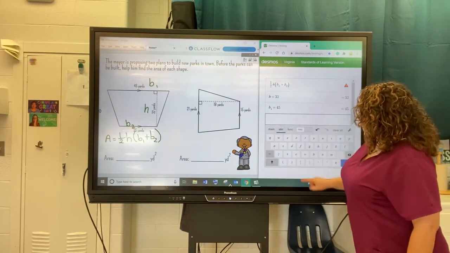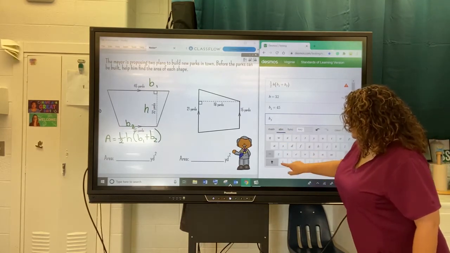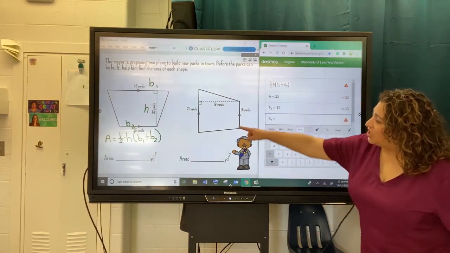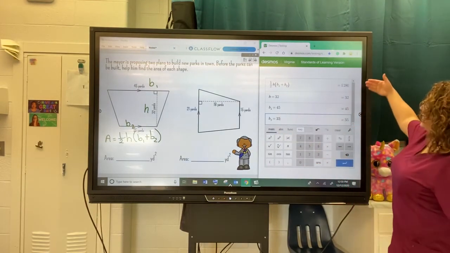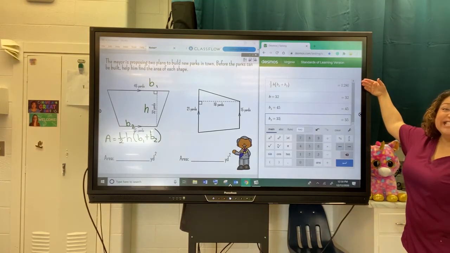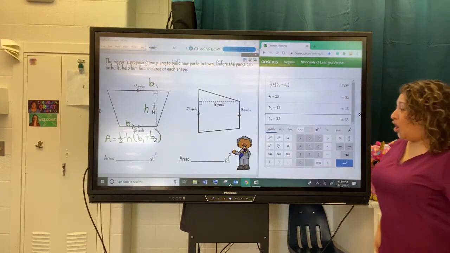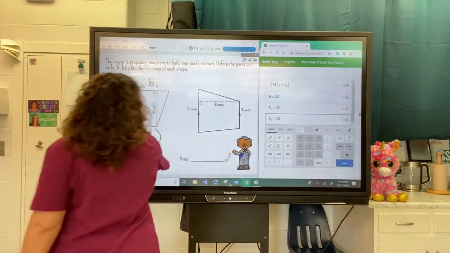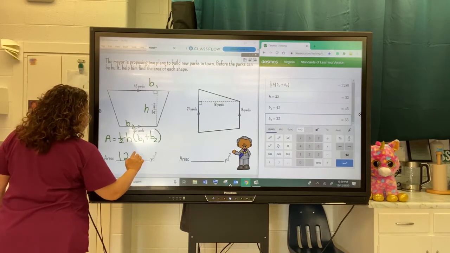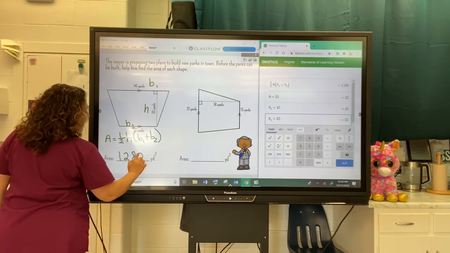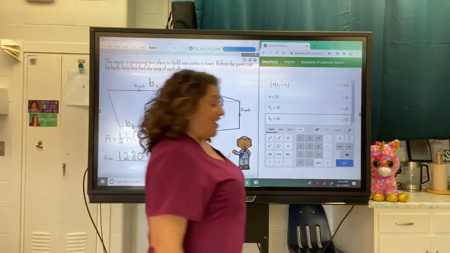Then I'm going to go back and do base sub 2 equals 35 yards. And like magic, Desmos does it for you. So your area for this first rendition of a park is 1,280 yards squared. Pretty fancy, huh?